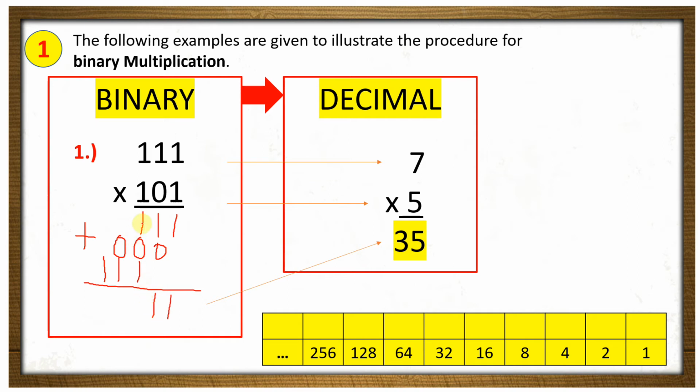This time, 1 plus 0 plus 1 is equal to 2. Keep in mind that 2 in decimal, in binary, is equal to 0 plus a carryover of 1. Next, 1 plus 0 plus 1 is equal to 2, so the same, 0, carry over 1.